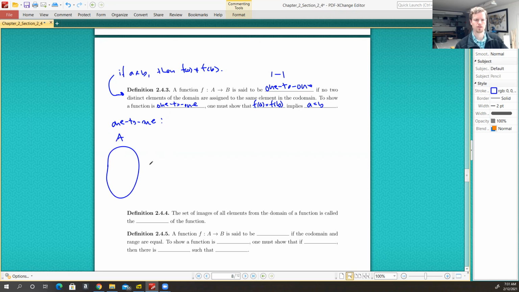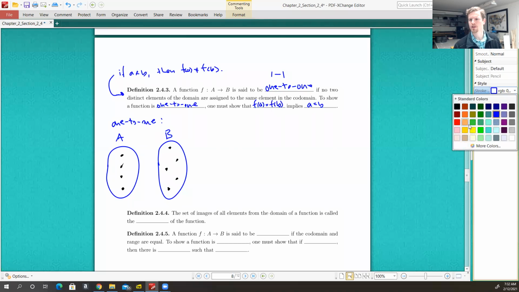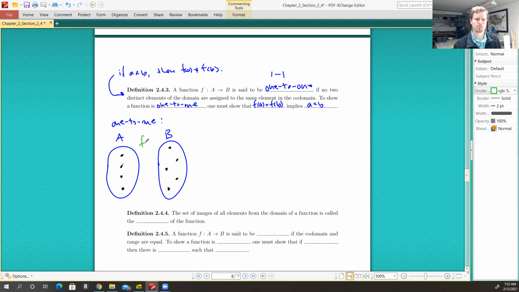Let's say I have my domain A and my codomain B. Let's take a look at several elements: 1, 2, 3, 4 elements in A, and 1, 2, 3, 4, 5 elements in B. For a function to be one-to-one, if we take two different things in the domain, they have to be related to two different things in the codomain. So let's say this guy goes to that one.